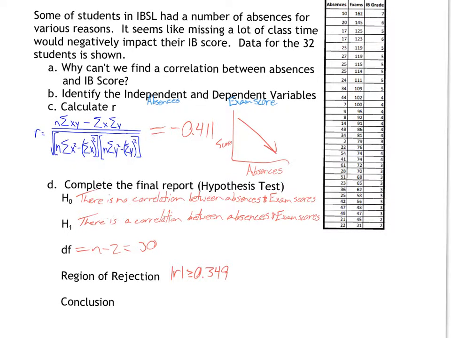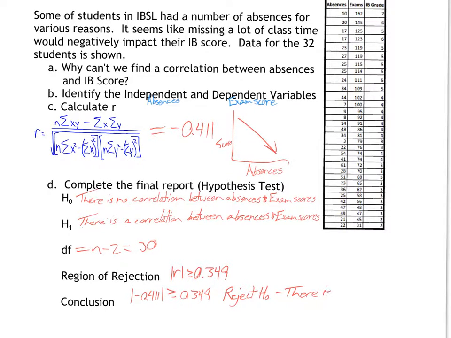We're going to reject H sub naught. Because the absolute value of negative 0.411 is greater than 0.349, we reject H sub naught, and therefore we accept that there is a correlation.